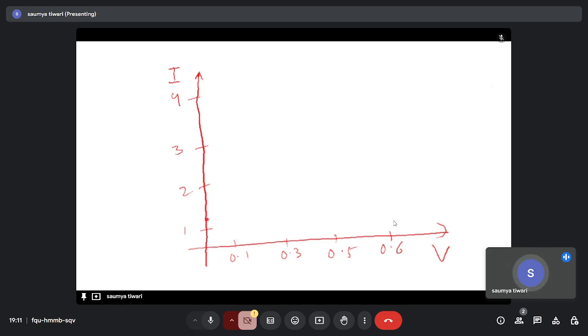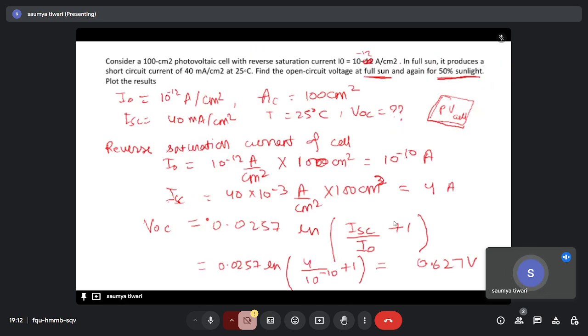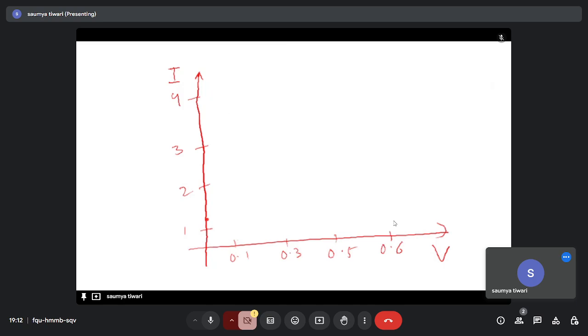If you want to draw the plot at full sun condition, your ISC value was 4 ampere, the short circuit current, and your VOC value calculated was 0.627. So 0.627 will be somewhere here, and the graph will be like this, right?